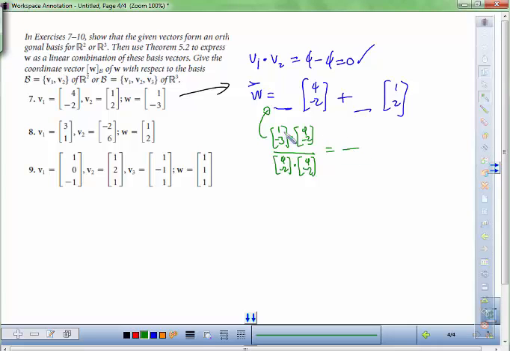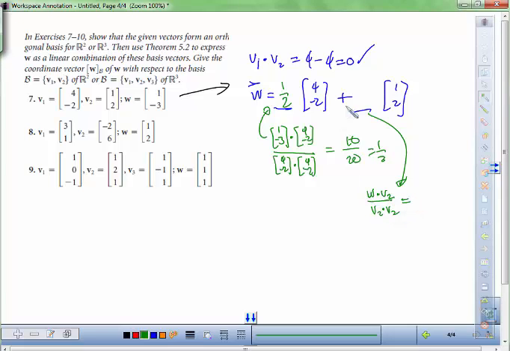So let's see, the dot product is 4 minus 4 plus 6 is 10. And then 16 plus 4 is 20. So this is 1/2. So that's our first coefficient. Next coefficient down here is, I'm just going to write down the symbols W dot V2 over V2 dot V2.